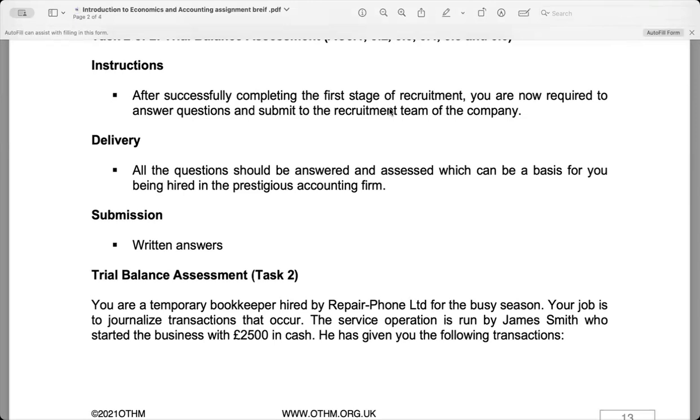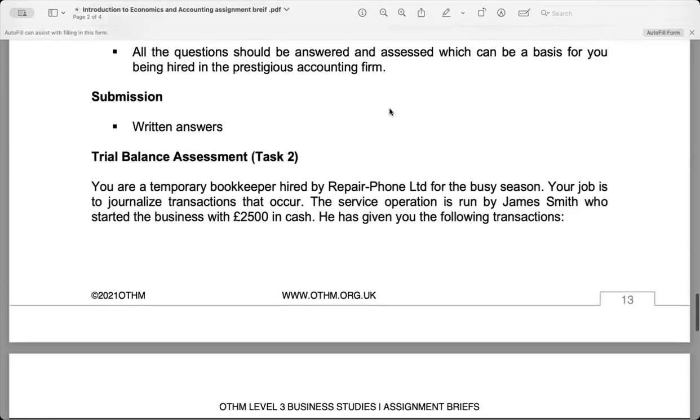All the questions should be answered and assessed, which can be the basis for your being hired in the prestigious accounting firm. Task 2: you are a temporary bookkeeper hired by Repair Phone Limited for the busy session. Your job is to journalize transactions that occur.